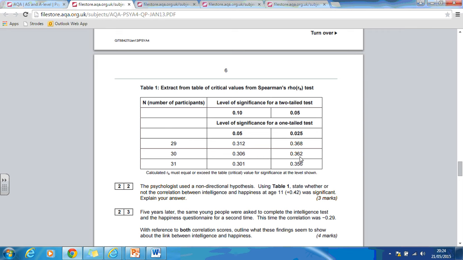So we look here, and we see 0.362, and this is 0.42, and at the bottom it says it needs to actually exceed the critical value. 0.42 does exceed this, therefore we can say it is significant, and you would then put forth your explanation. You'd write it exactly the same way as we wrote it before, and you'd mention at probability level 0.05, and then you would have your 3 marks.